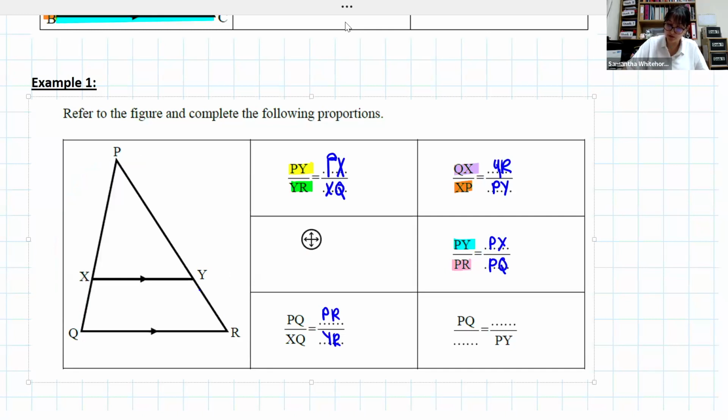A little different. In one fraction, we've got PQ in the numerator, and in the other fraction, we've got PY in the denominator. I've seen some great answers come through on the chat.